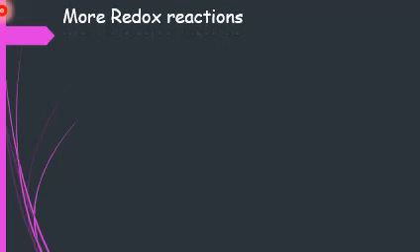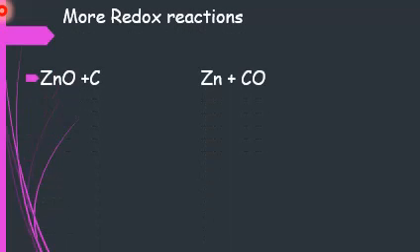So here, if we see more redox reactions, the first redox reaction: ZnO, called zinc oxide, plus carbon gets converted into zinc plus carbon monoxide. Study this reaction carefully.